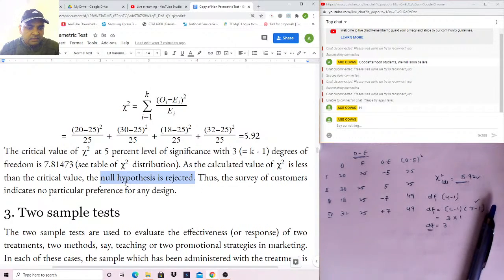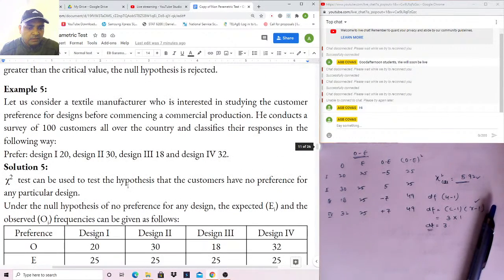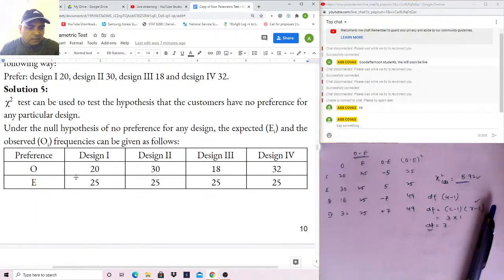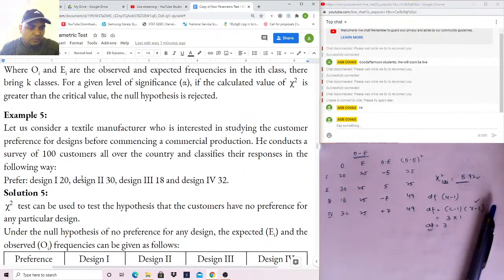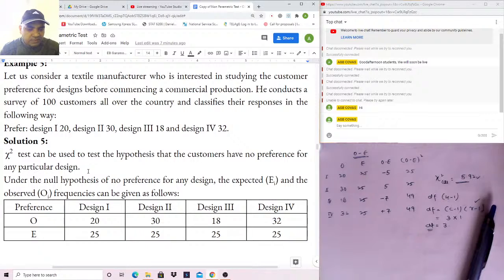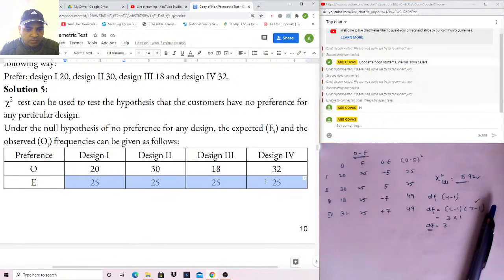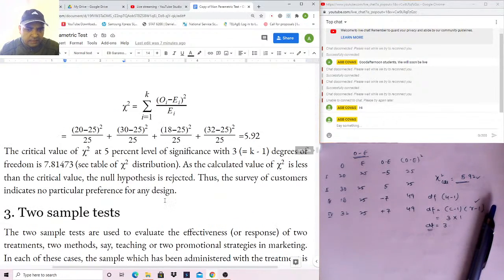Okay, that is what was our hypothesis. Our hypothesis was that there is no preference of design, right? And your calculated value remains less than your table value, right?